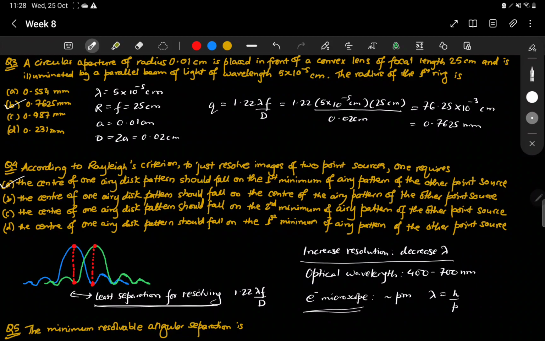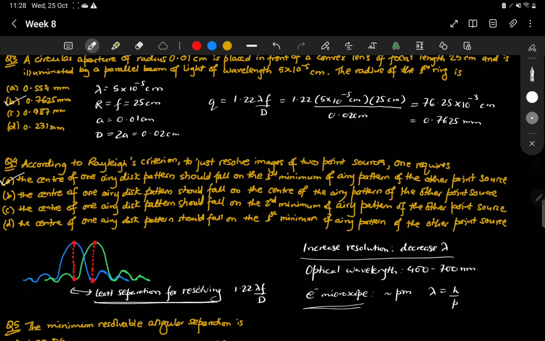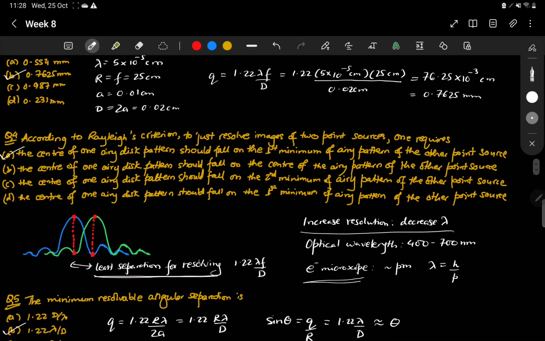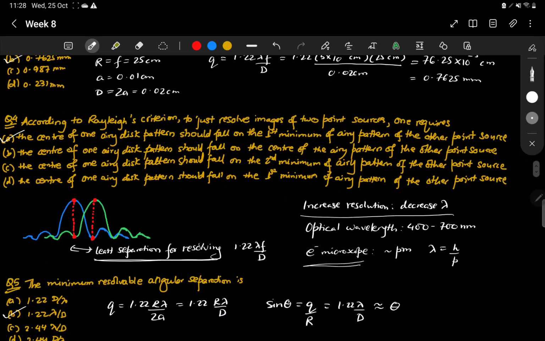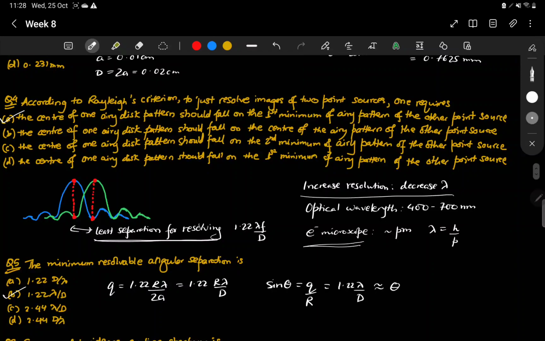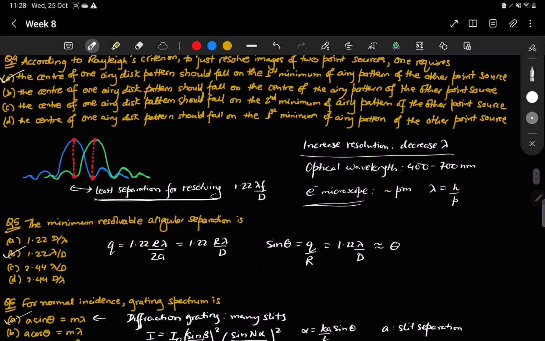According to Rayleigh's criterion, to just resolve images of 2 point sources, one requires the center of one Airy disk pattern to fall on the first minimum of the Airy pattern of the other point source. This is just a schematic. And to increase the resolution, we need to decrease the wavelength. So if we decrease the wavelength, then the least separation for resolving also decreases.